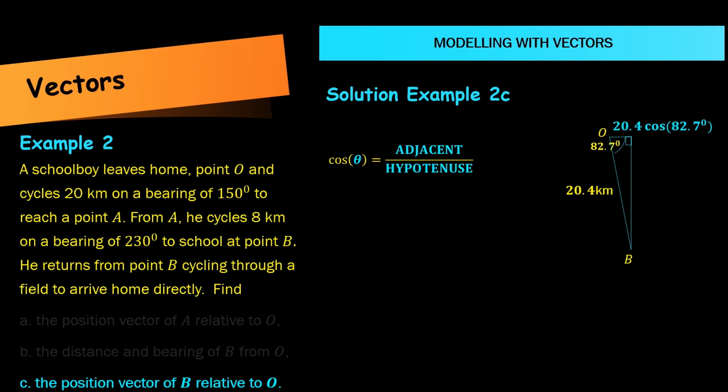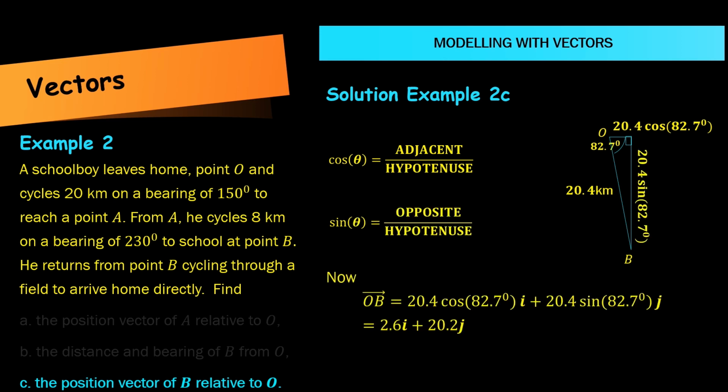And we can find the j direction of the vector OB by using the formula sine theta equals opposite over hypotenuse and plugging in the values. So we have that the vector OB is equal to 20.4 cos 82.7 degrees i plus 20.4 sine 82.7 degrees j, which is in turn equal to 2.6i plus 20.2j.